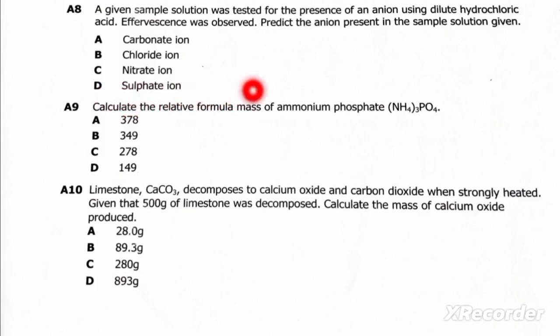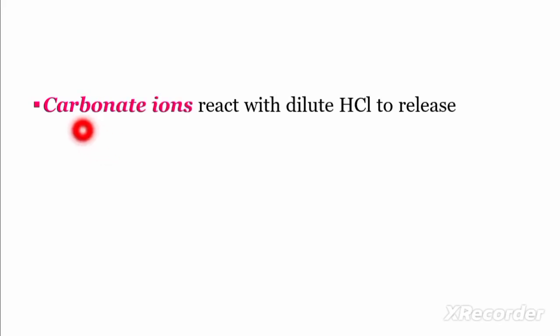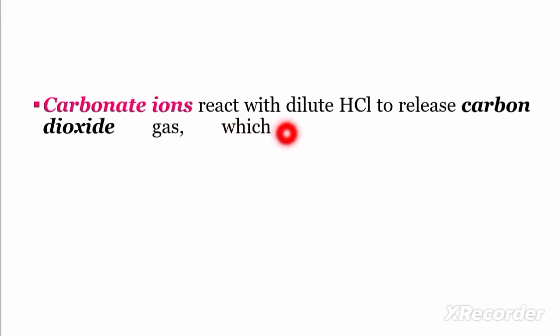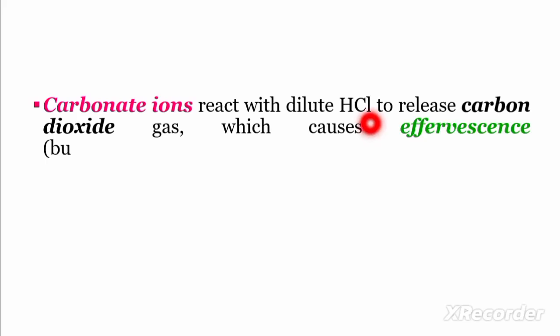So guys, once we talk about an anion, we are simply talking about a negative charge. Now they want us to give the test for this charge. So carbonate ions react with dilute hydrochloric acid to release carbon dioxide gas, which causes effervescence, bubbling or fizzing. Okay, bubbling or fizzing.